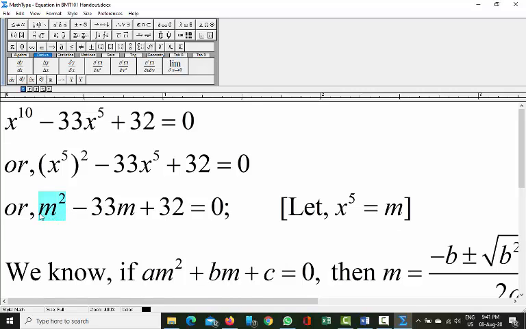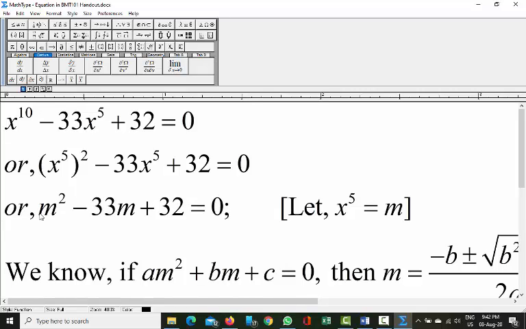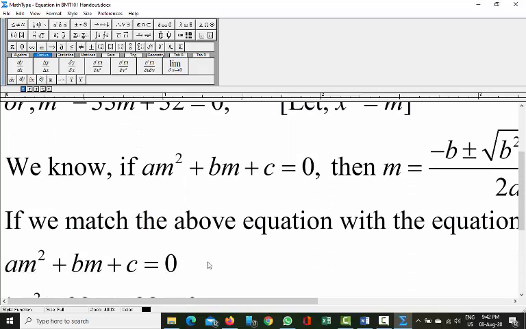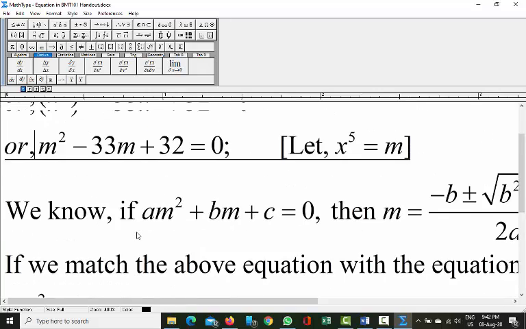With this square term we do not have any coefficient, which means we actually have 1 as the coefficient. That means the value of a is equal to 1.